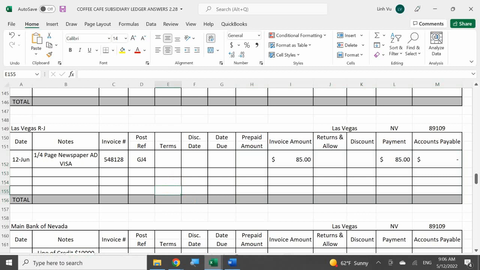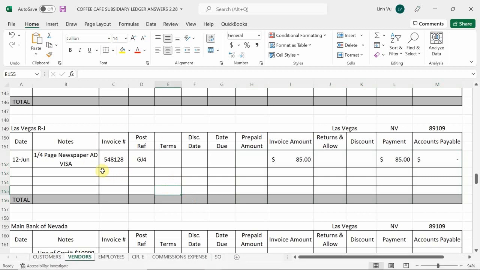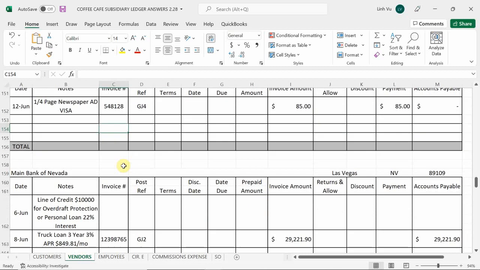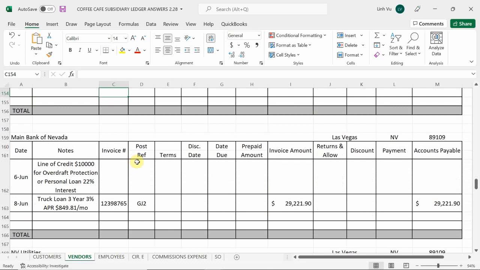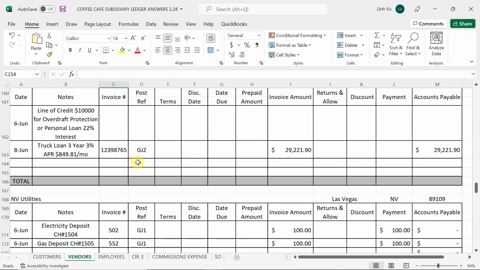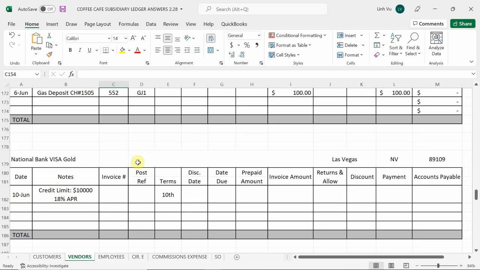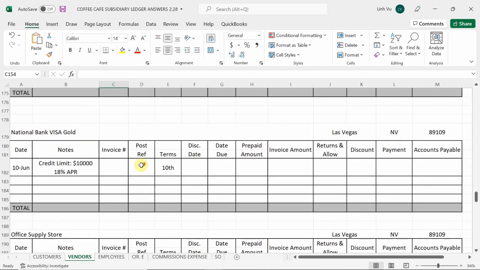So now here's a second one. Now, what do I do with that Visa card that I just charged? Is that something that I need to update my National Bank Visa credit card for? Do I need to update my subsidiary ledger for that transaction?